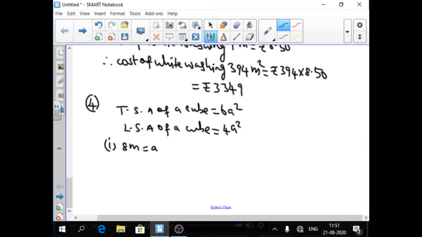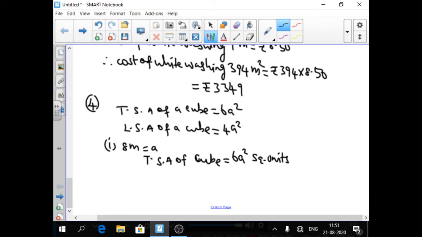So total surface area formula, total surface area of a cube is equal to 6a squared, squared units.